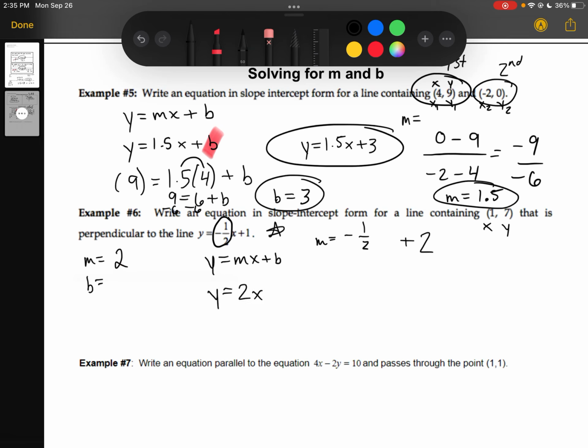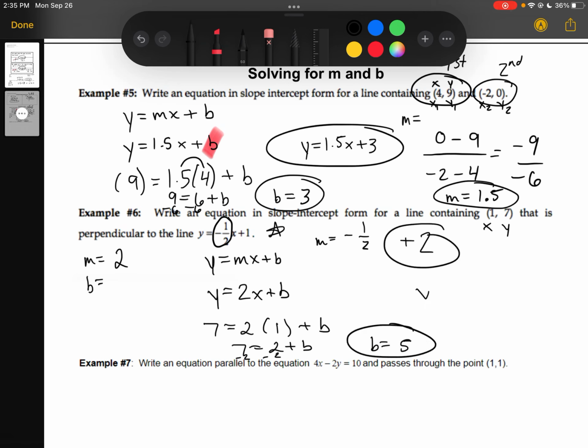So now we can go into our equation here, y equals mx plus b, and plug in for m. And we don't know b, so what we're going to do is we're going to take x and we're going to take y. So 7 equals 2 plus b, subtract 2 from both sides, and we'll get b equals 5. So b is 5, m is 2, so y equals 2x plus 5.